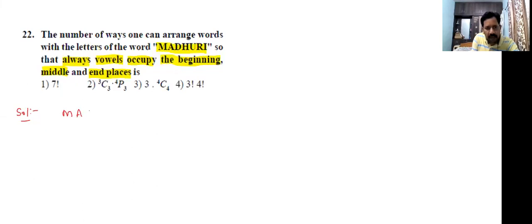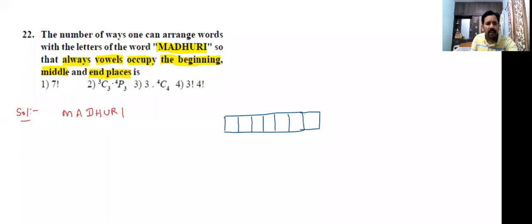M A D H U R I. There are 7 letters. Draw 7 boxes, 7 places. Here, what are the even places? Second place, fourth place and sixth place. Whatever I marked in yellow color, those are the even places.